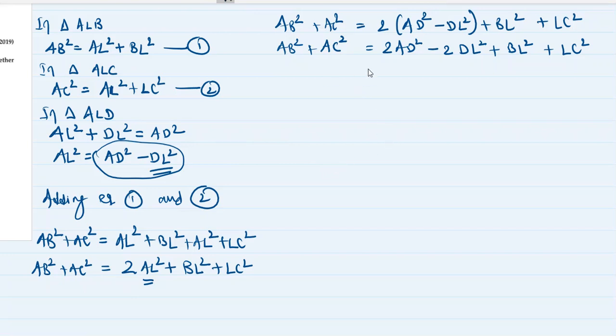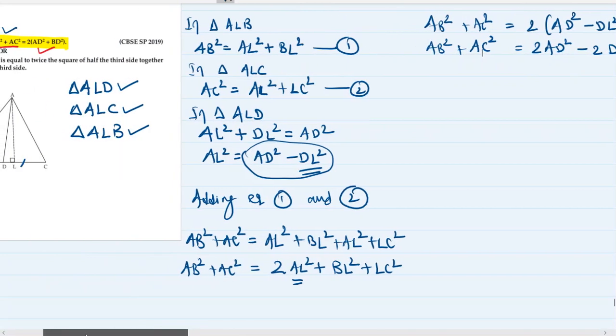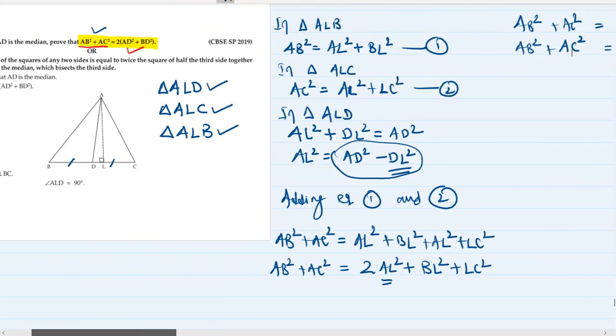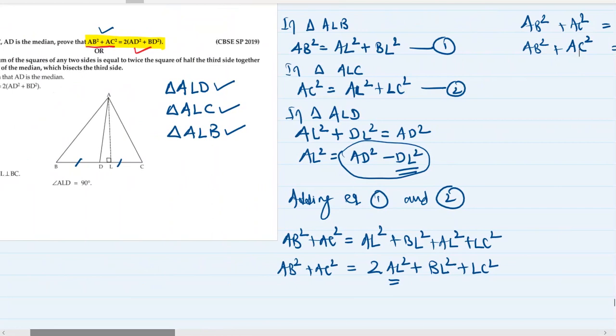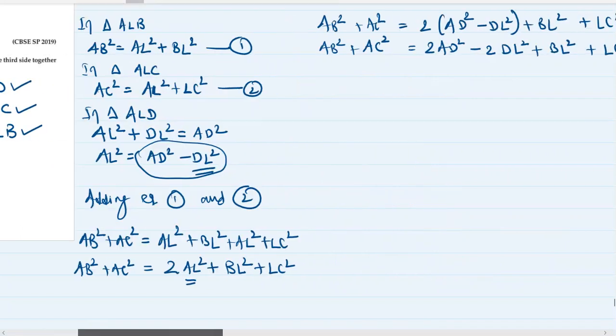Great. So we have got this complicated stuff over here, 2 times AD square, out of which what matters is 2 times AD square, because in the proof you have to prove AB square plus AC square is equal to 2AD square plus 2BD square. We don't have 2BD square.